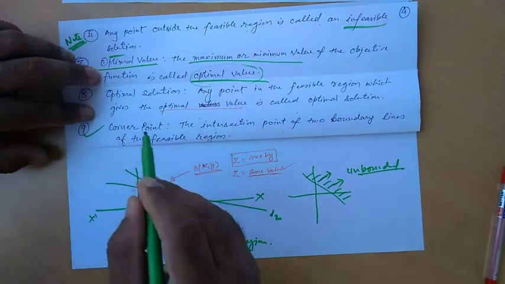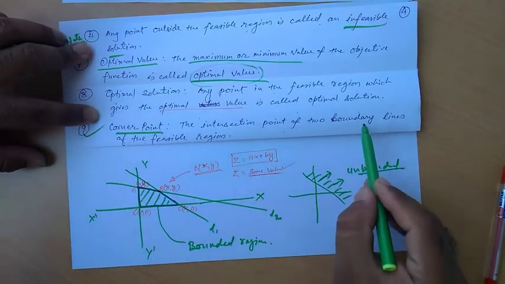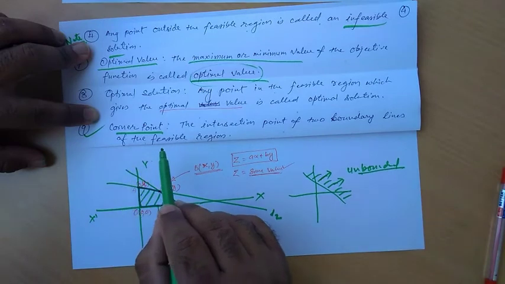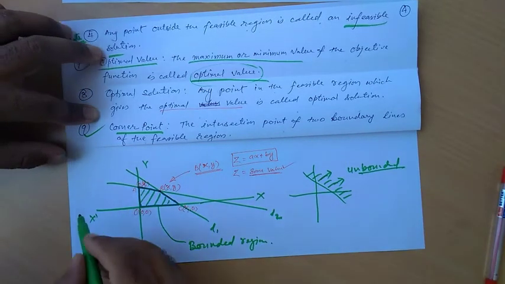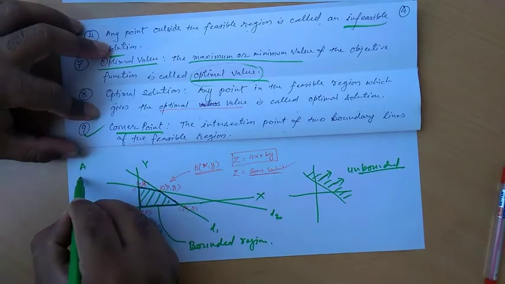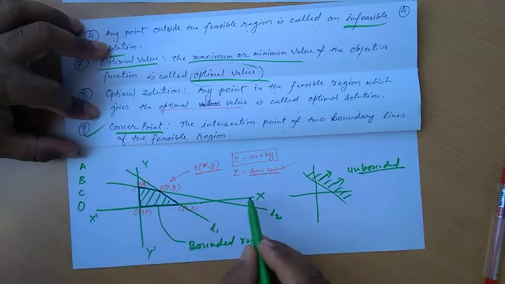Corner points, point number 9, this is corner point. The intersection point of two boundary lines of the feasible region. So points A, B, C, and O are called corner points. We have to find the intersection of, say for example, the y-axis and x-axis.